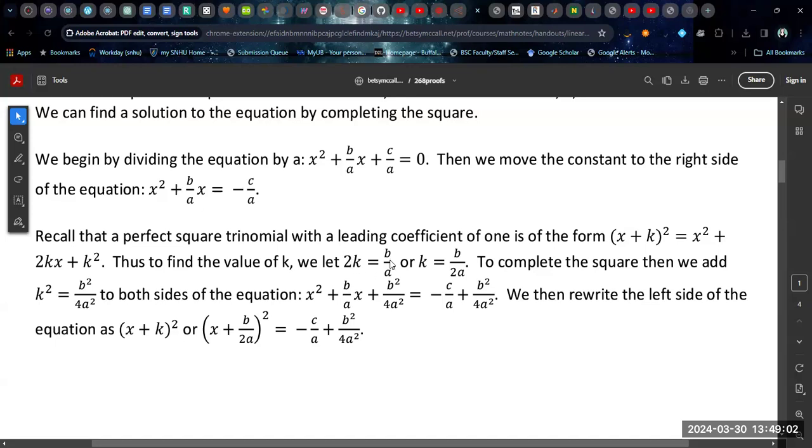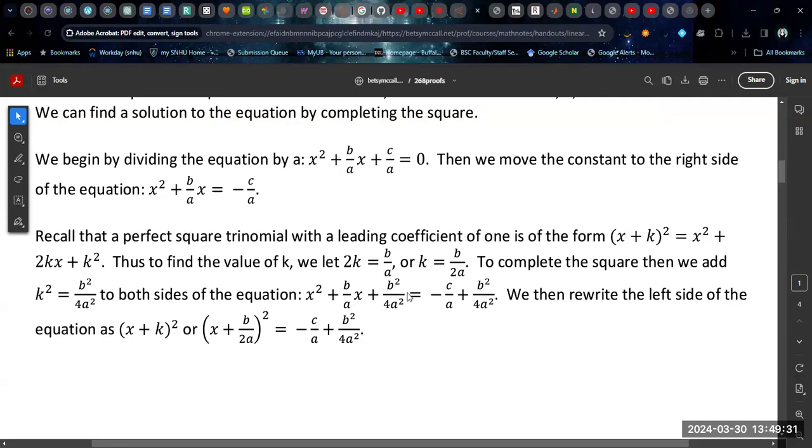So I'm going to say 2k is equal to b over a, and then I am going to divide out the 2 to get my k. Then to complete my square, I'm going to find k squared, which is b squared over 4a squared. And then I'm going to add that k squared to both sides of my equation.